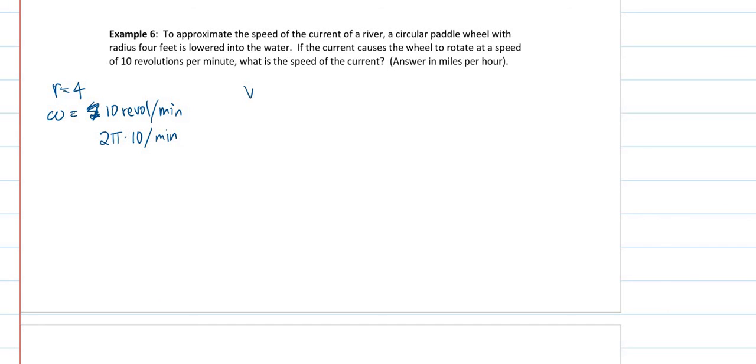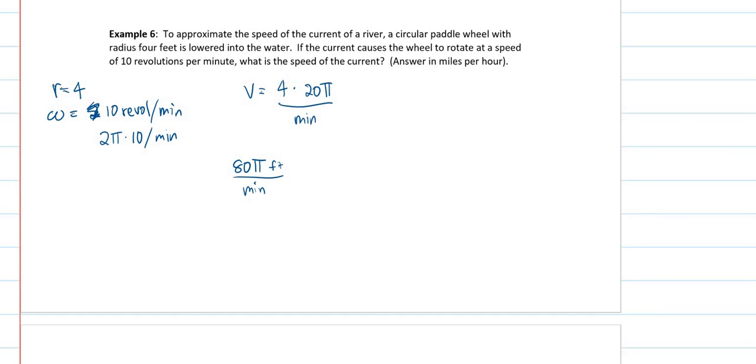So when we use our formula, v is equal to the linear speed, our radius is 4, our theta is going to be 20 pi because that's how many times around it goes, and that's over the course of 1 minute. So we end up getting 80 pi feet per minute.